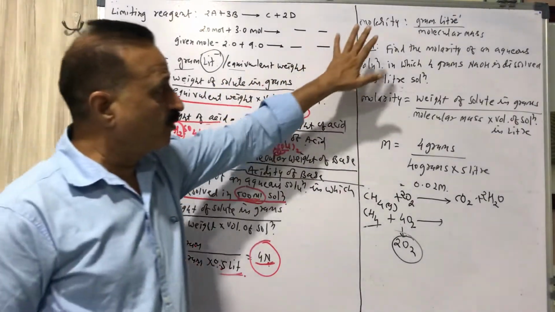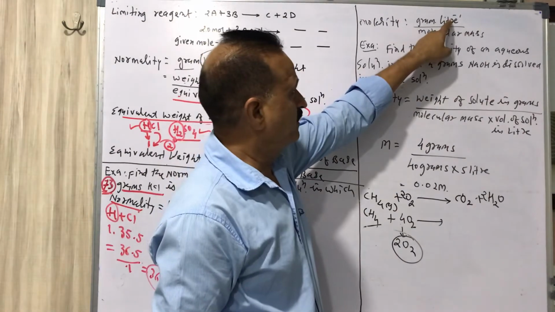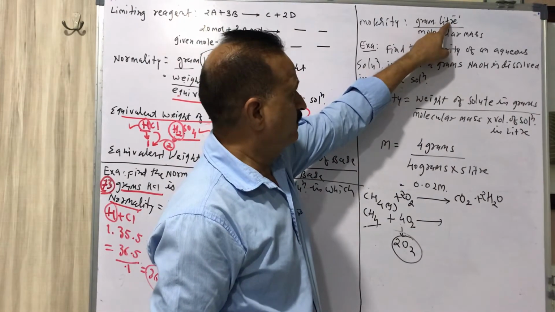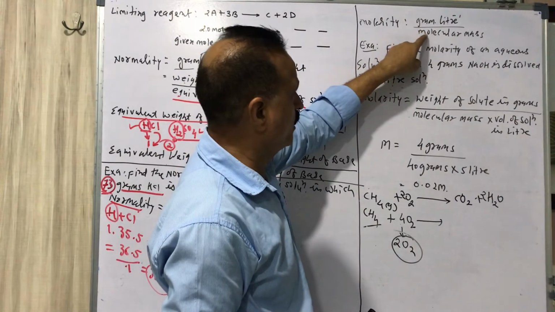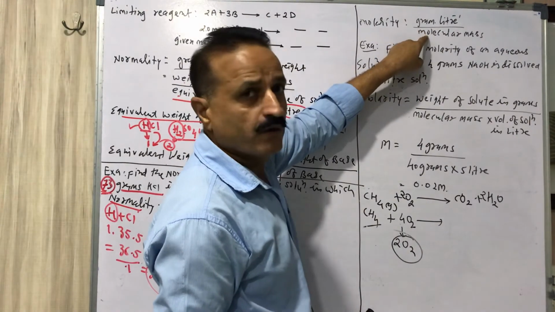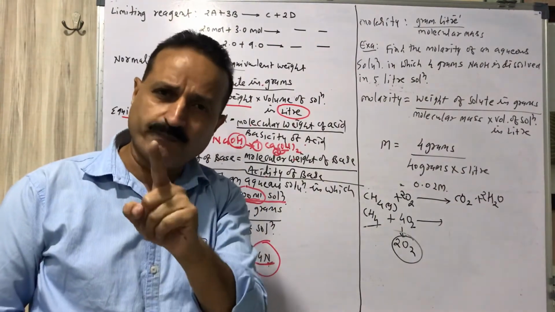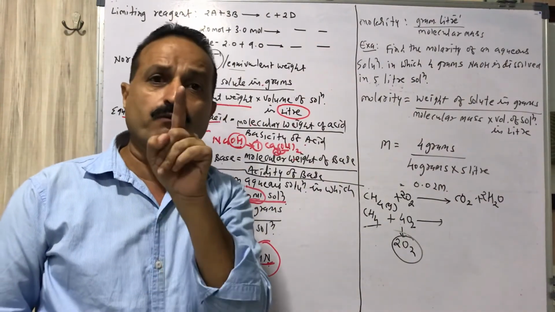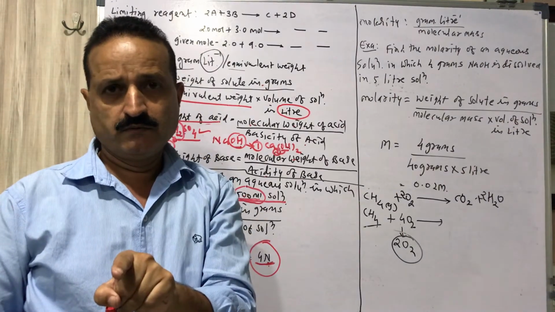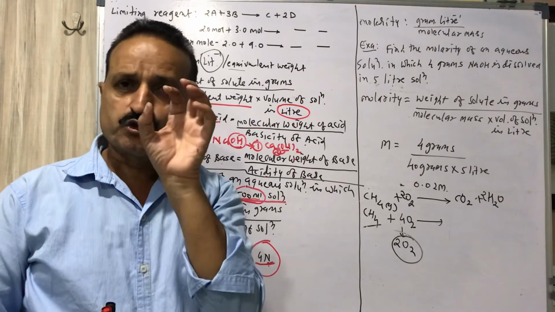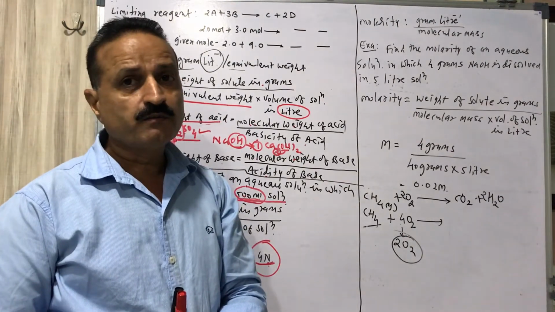Then we have molarity. One liter of solution is prepared by dissolving 1 gram mole of solute. That is molarity.